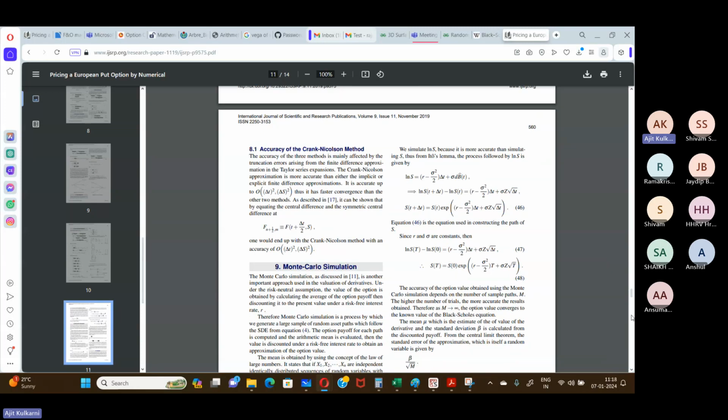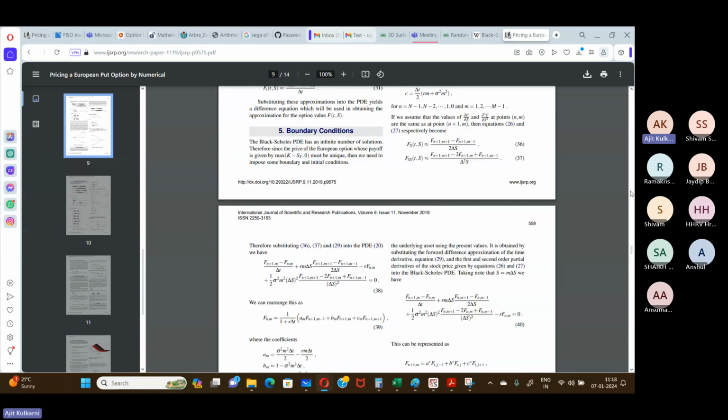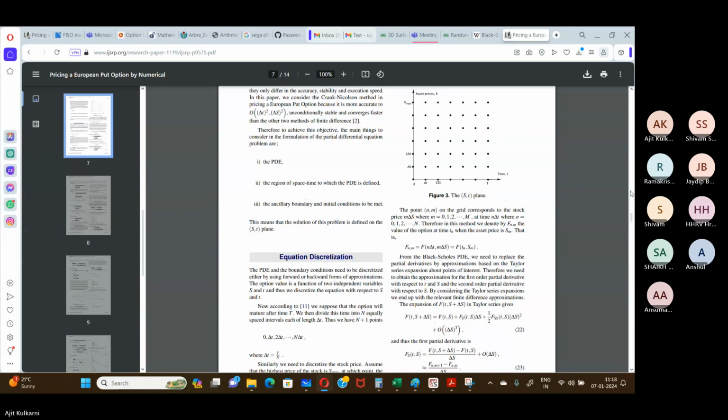But if it takes too much time, my suggestion is to go back to either the forward difference or a simple backward difference method. So what I'll do is share this paper also.